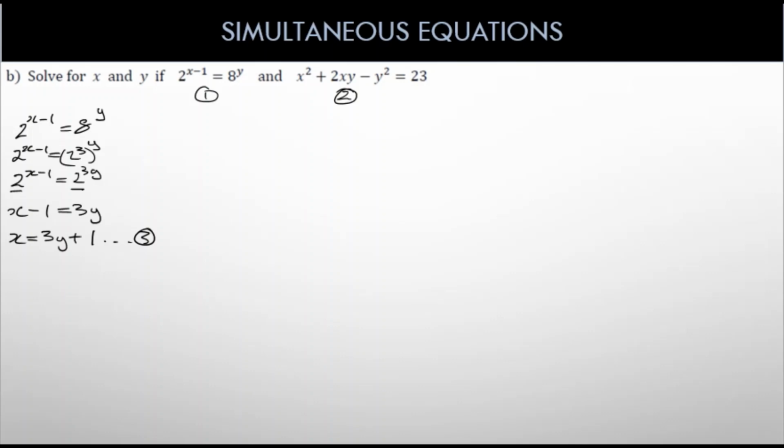So remember what we have to do. We substitute equation 3 into 2, but equation 2 is x squared plus 2xy minus y squared is equal to 23, and then wherever we see x, we substitute 3y plus 1, and in this case it is squared, plus 3y plus 1 multiplied by y, minus y squared is equal to 23.